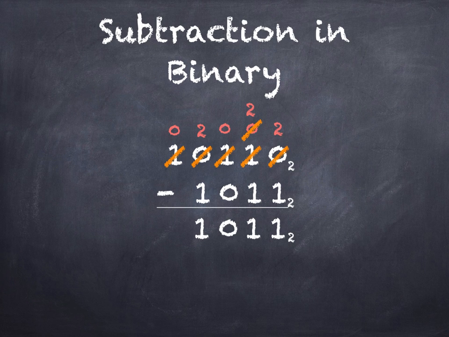Now the only difference between this slide and the previous one is that in the previous one I made use of purely binary numbers, and in this slide, as you can see, I used the decimal numbers. Now it really just depends on your preference, whichever makes it easier for you.